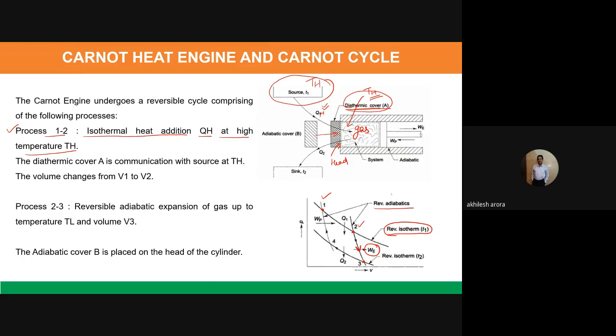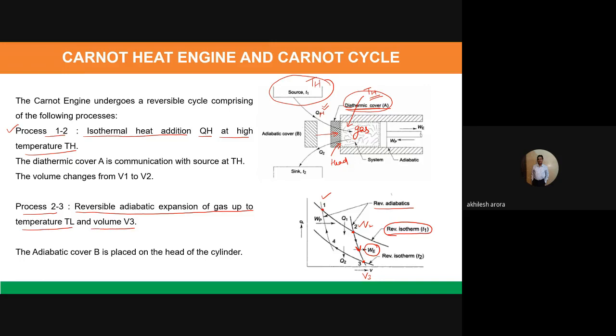So the internal energy of the gas is utilized for expanding the gas from state point 2 to state point 3. So the volume increases from V2 to V3 actually. Now what happens once again? So you can see here process 2 to 3 is the reversible adiabatic expansion of the gas up to temperature TL and volume V3.